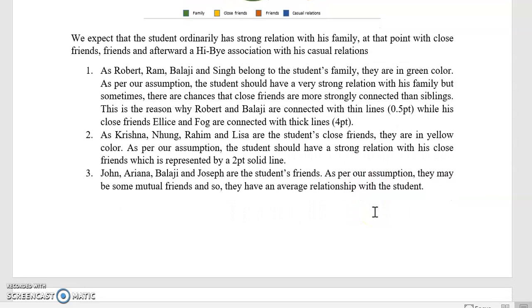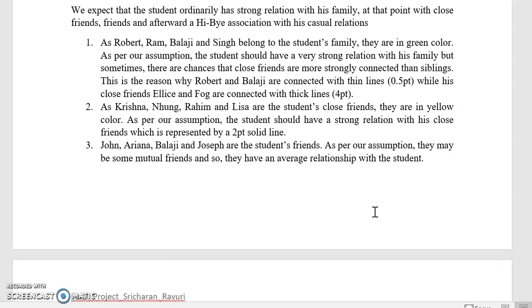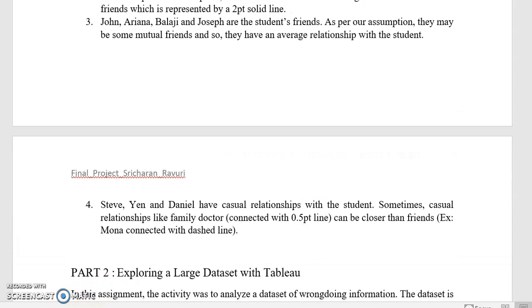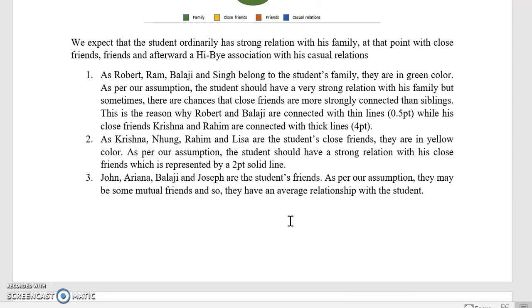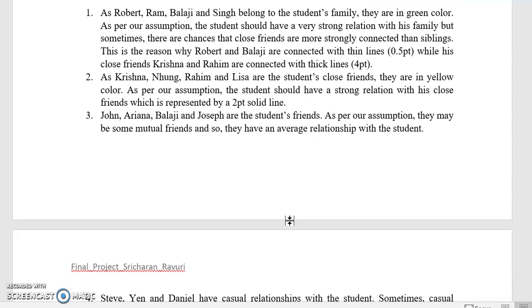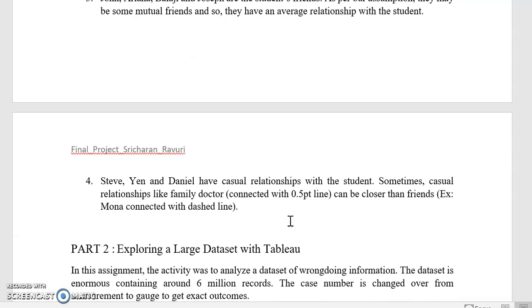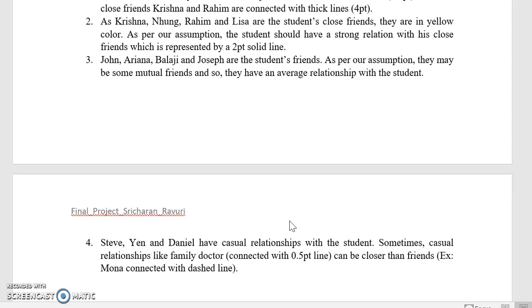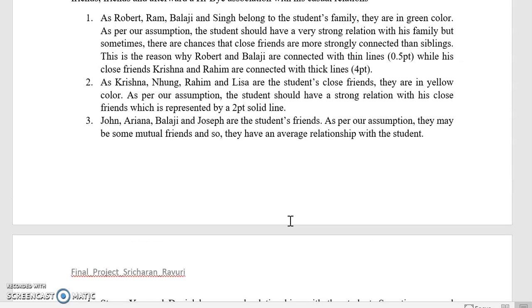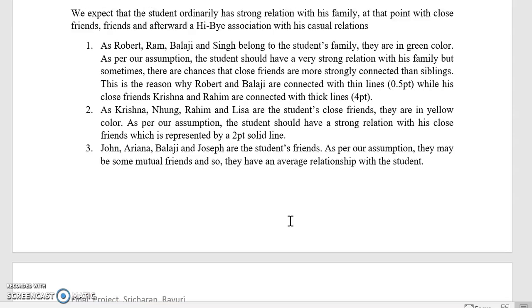For friends, the student's friends are also taken, and there are some mutual friends with the close friends and little distant friends, and the casual friends are just like a hi-bye relationship. They are not that close. They are actually a little far.